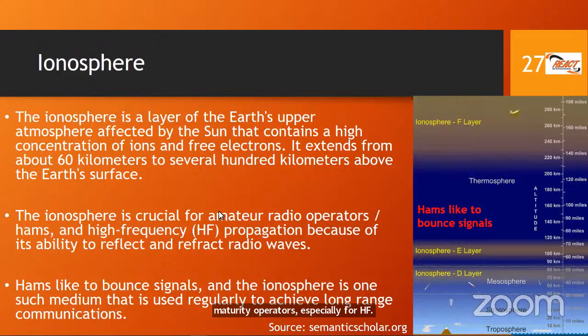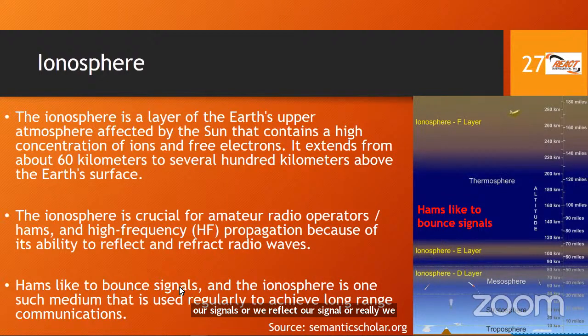You see why it's important to know HF, VHF, UHF? Because remember we said hams, we love to bounce our signals. So the ionosphere is one of those things that we bounce our signals off of, or we reflect our signal, or we refract our signals off of.